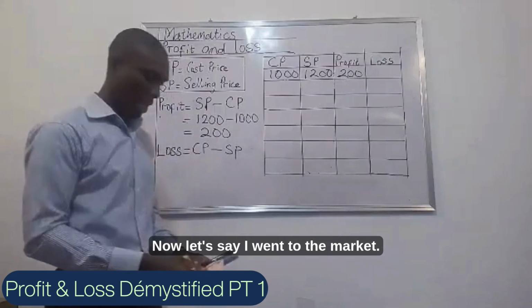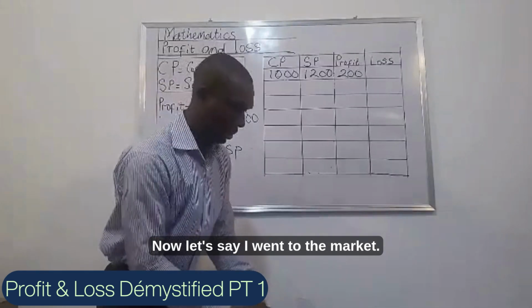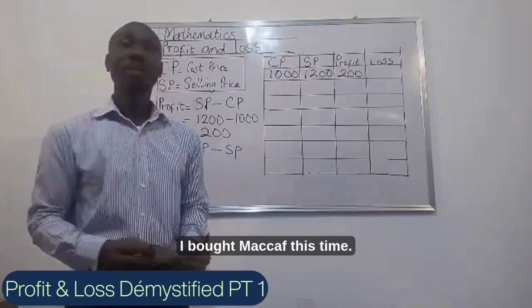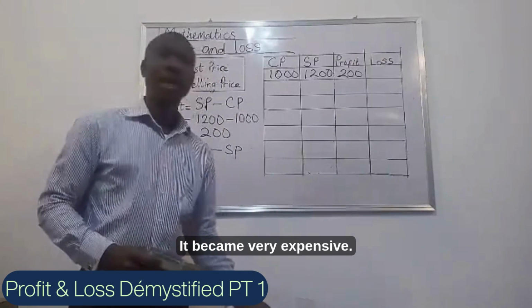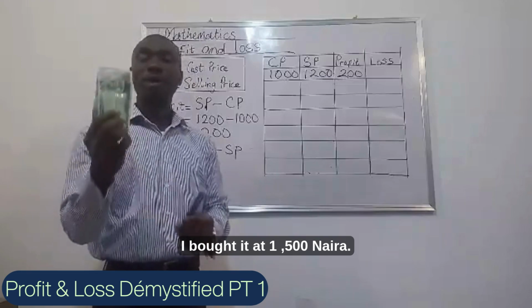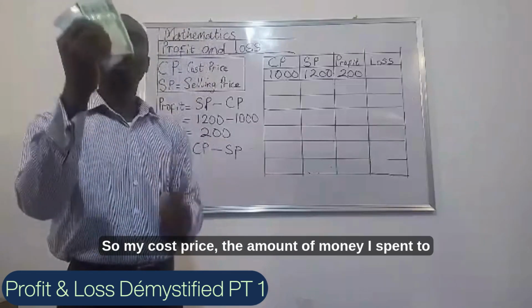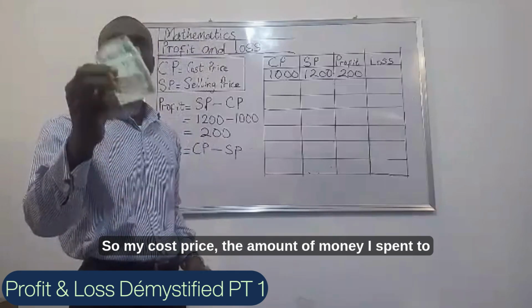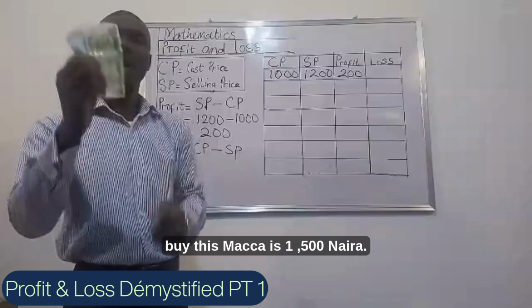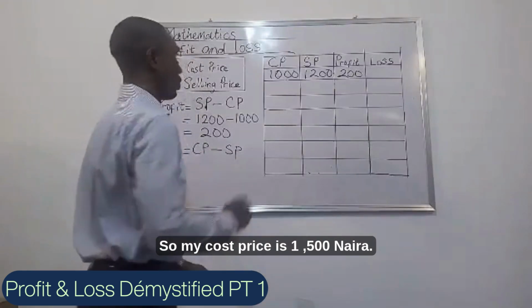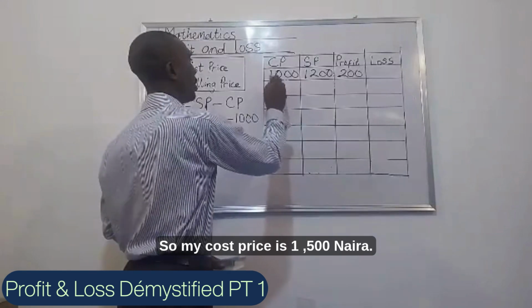Now let's say I went to the market. I bought marker this time. It became very expensive. I bought it at 1,500 naira. So my cost price, amount of money I spent to buy this marker, is 1,500 naira.